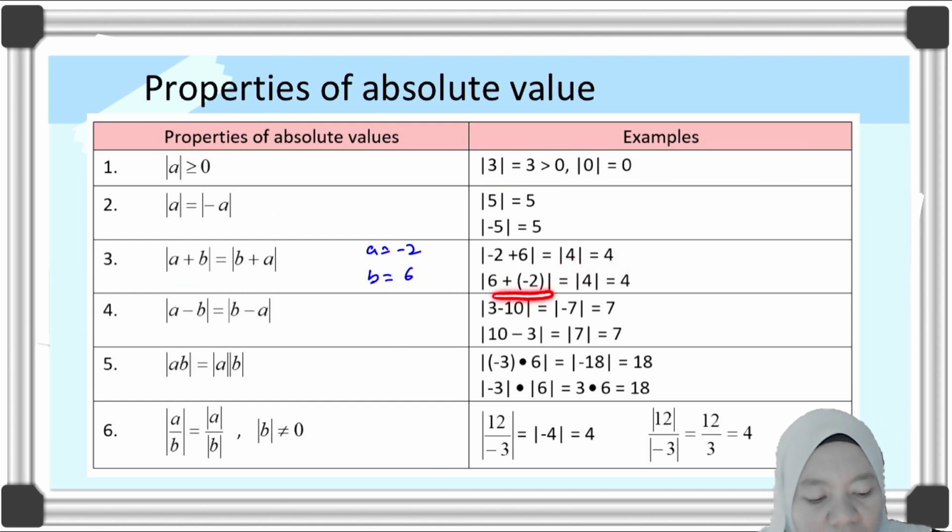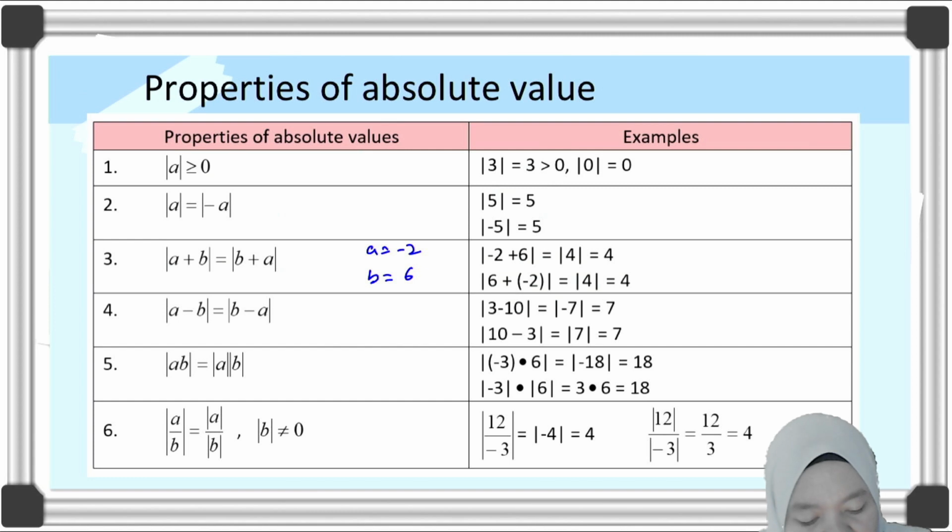And the absolute value of 6 plus negative 2 is equal to the absolute value of 4, which is 4. Then the conclusion is that the absolute value of a plus b is equal to the absolute value of b plus a.